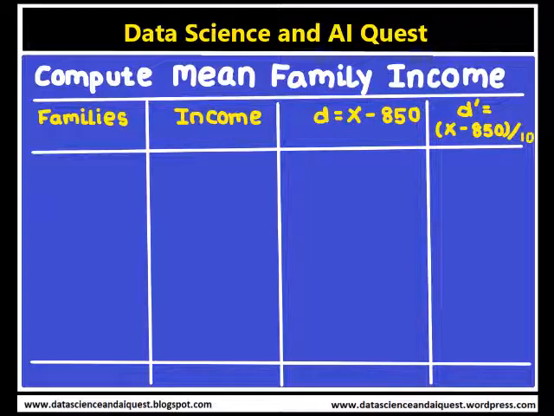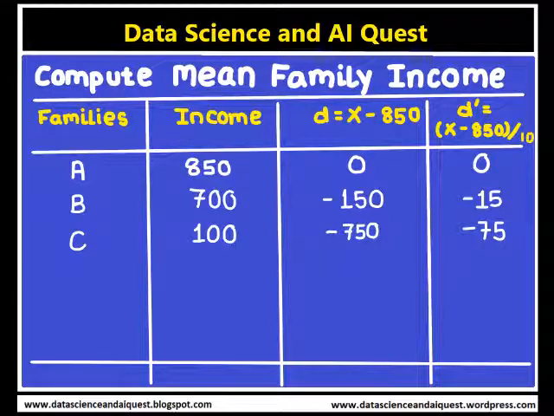So row wise we can go. Family A has an income of 850, and because we have taken the assumed mean as 850, the deviation is shown as 0. Then the per capita deviation is also 0. Then family B: the income is 700, the deviation is minus 150, and the per capita deviation is minus 15.